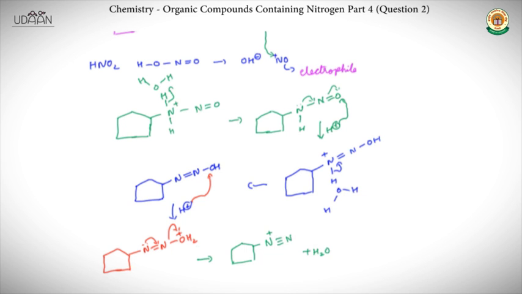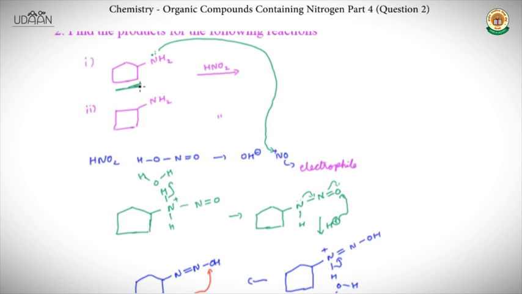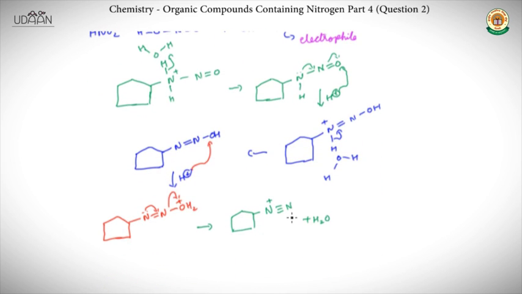So that is, you have started with a primary amine, and the primary amine is treated with HNO2, and you have got an azo compound, that is N double bond N.